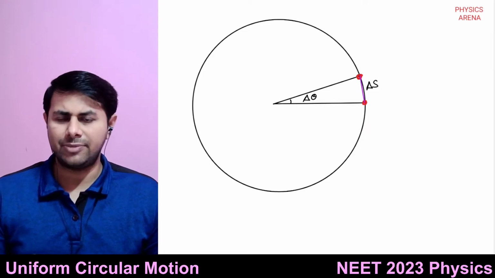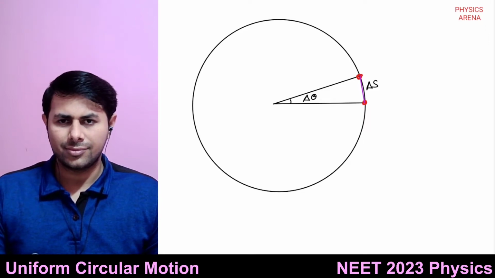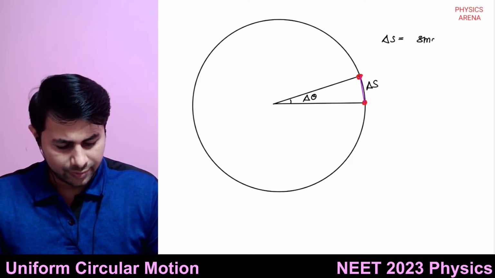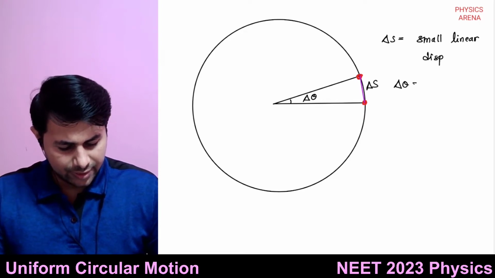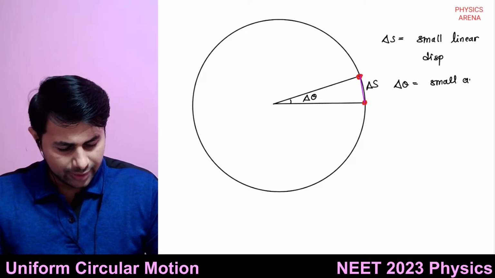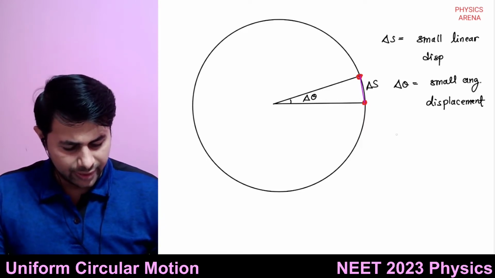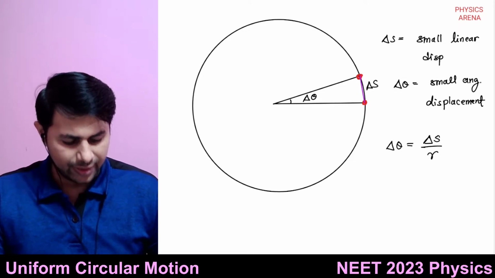If delta s is a small linear displacement and delta theta is a small angular displacement, then I can say that delta theta is equal to delta s divided by r.